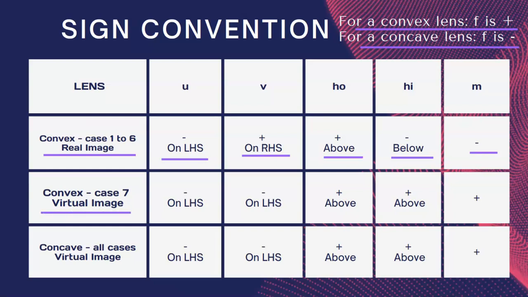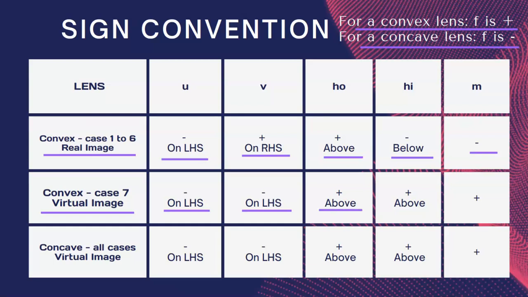Last case of convex lens, that is case 7, which forms a virtual image. U, object distance left and right, we are going to check left and right. Object is on the left, object distance negative. Image is on the left because it is virtual, image distance negative.